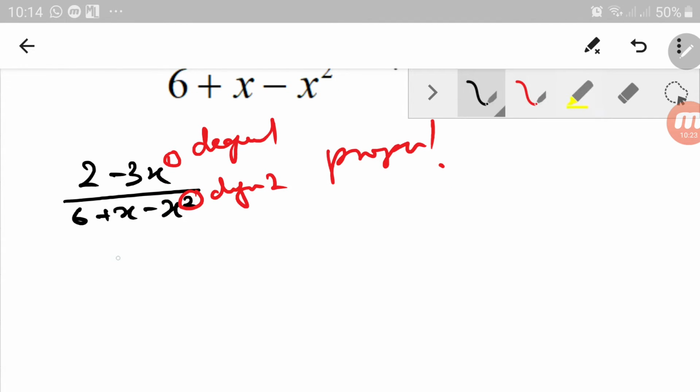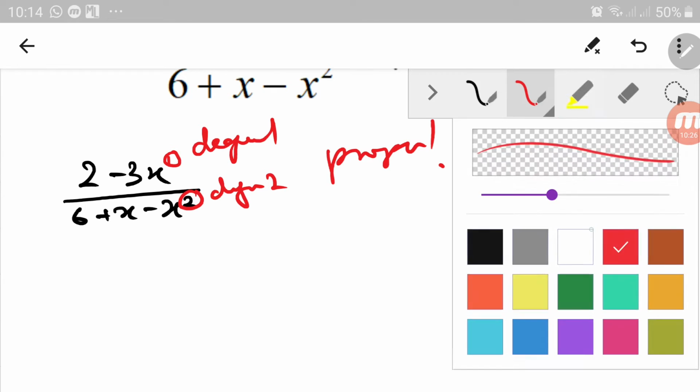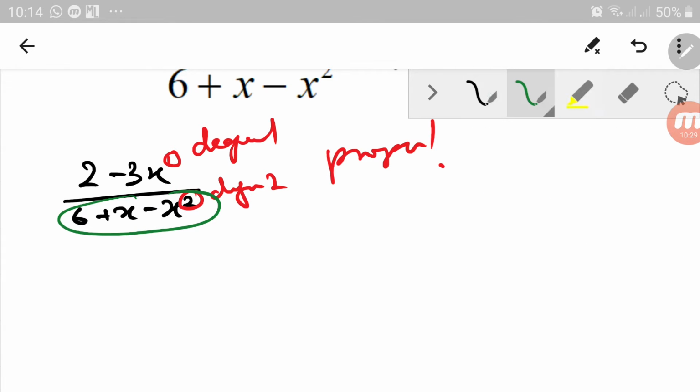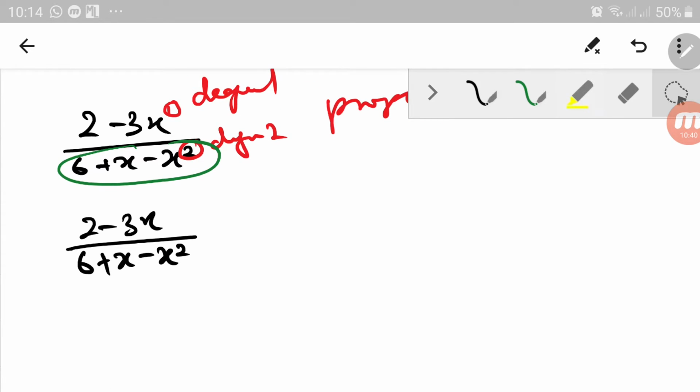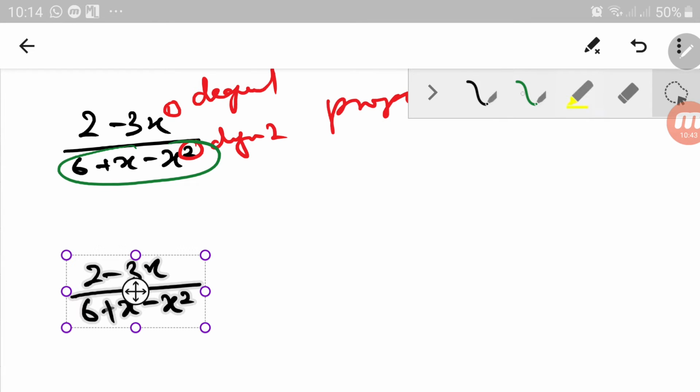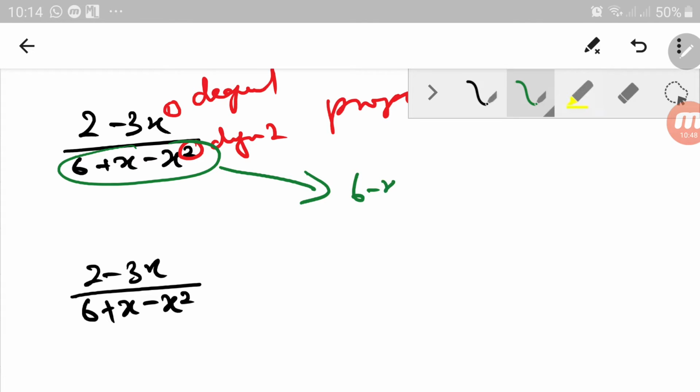Now next we have to factorize the denominator over here. We haven't factorized it yet, so (2 - 3x) over (6 + x - x squared). Maybe I do it down here. So 6 minus x squared. What I'm doing is the crude way of doing the factorization, so some of you might not feel very comfortable doing it. 3, 2.